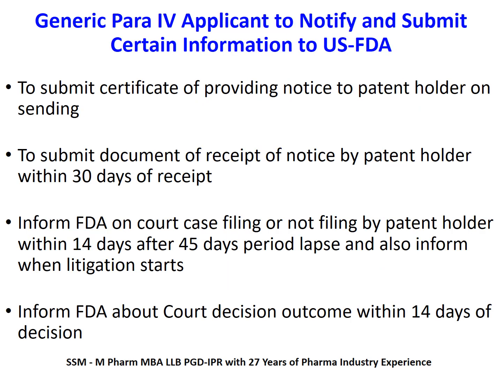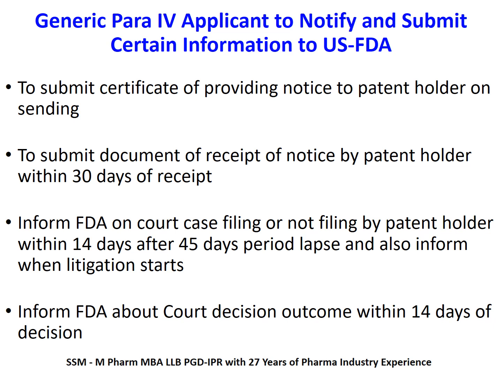There are certain duties or responsibilities of the generic Para 4 applicant to notify and submit certain information to US FDA. The generic applicant has to submit the certificate of providing notice to the patent holder on sending. Whenever he sends the notice to the innovator or patent holder, he has to submit the certificate of sending the notice.